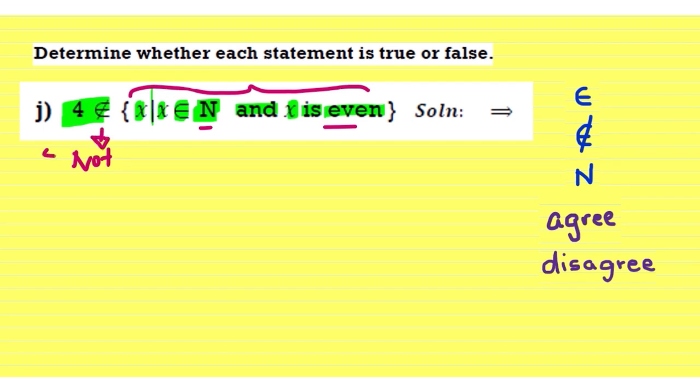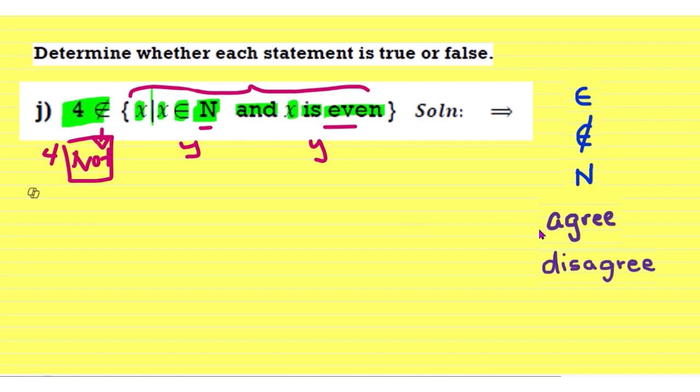So do we agree that 4 is not a natural number? Well, I actually disagree with that. And do we think that 4 is an even number? Yes, 4 is a natural number, and yes, 4 is an even number. But they are saying it is not.